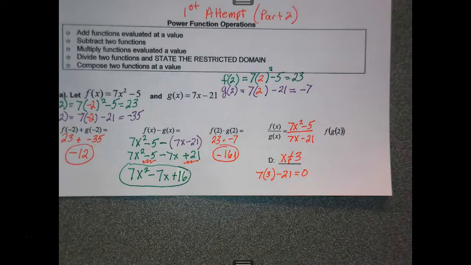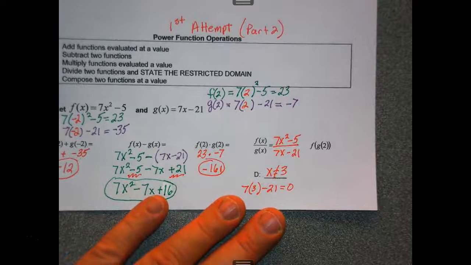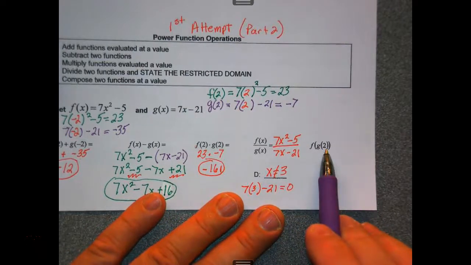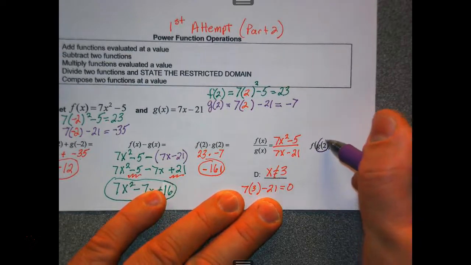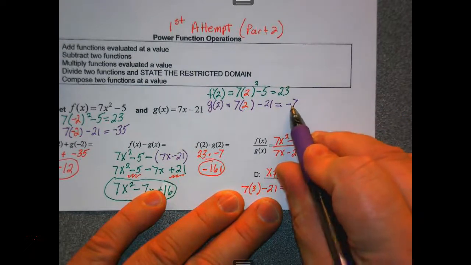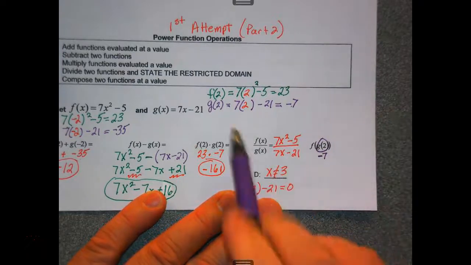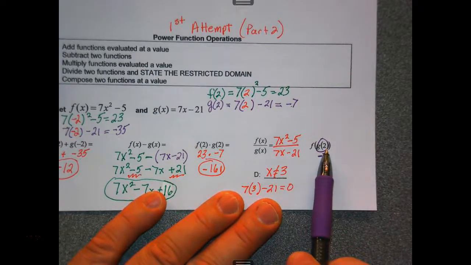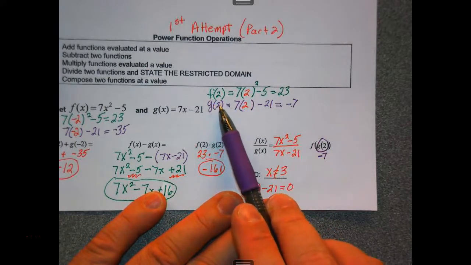All right, the last one is a composite function. Let's see, the f of g of 2. Actually, we know what the g of 2 is, don't we? We did it before. It's negative 7. Okay, the g of 2 I already figured out in the previous problem.